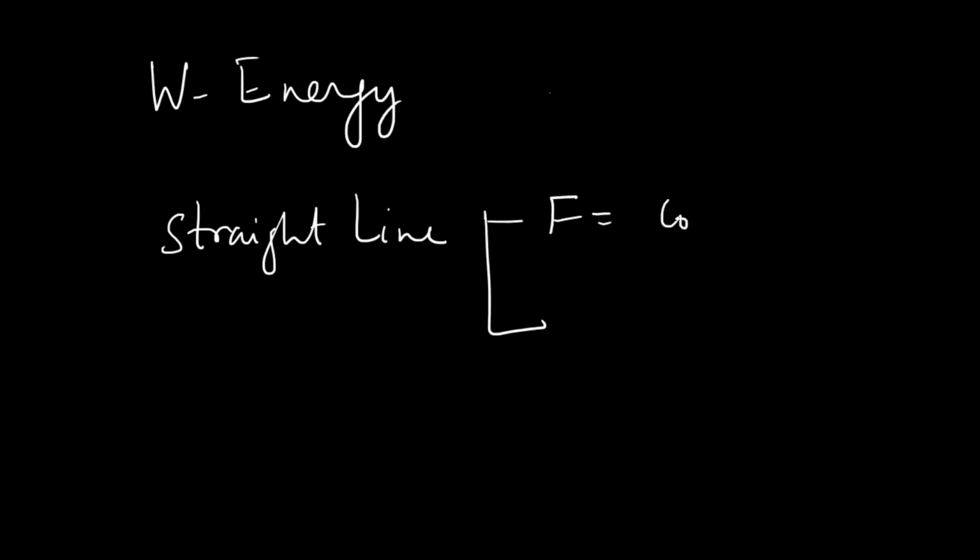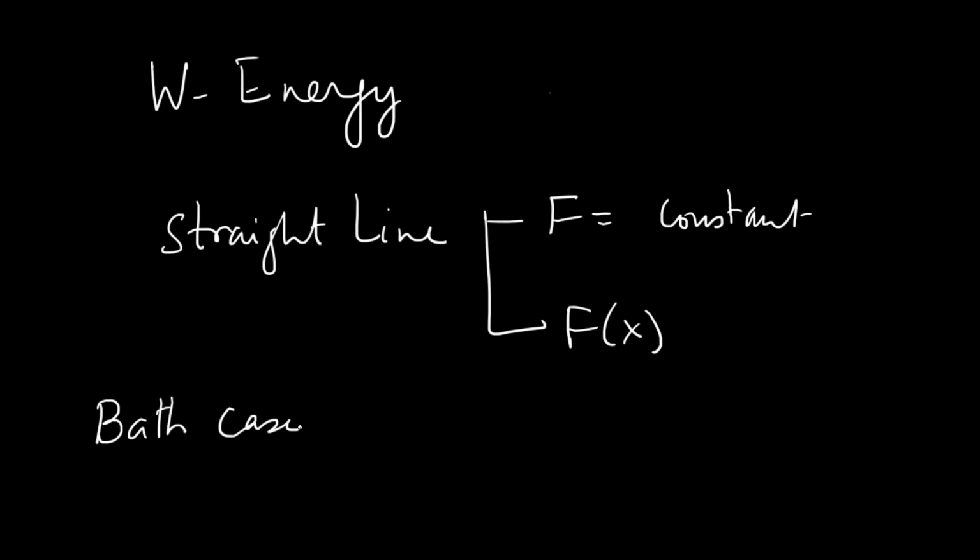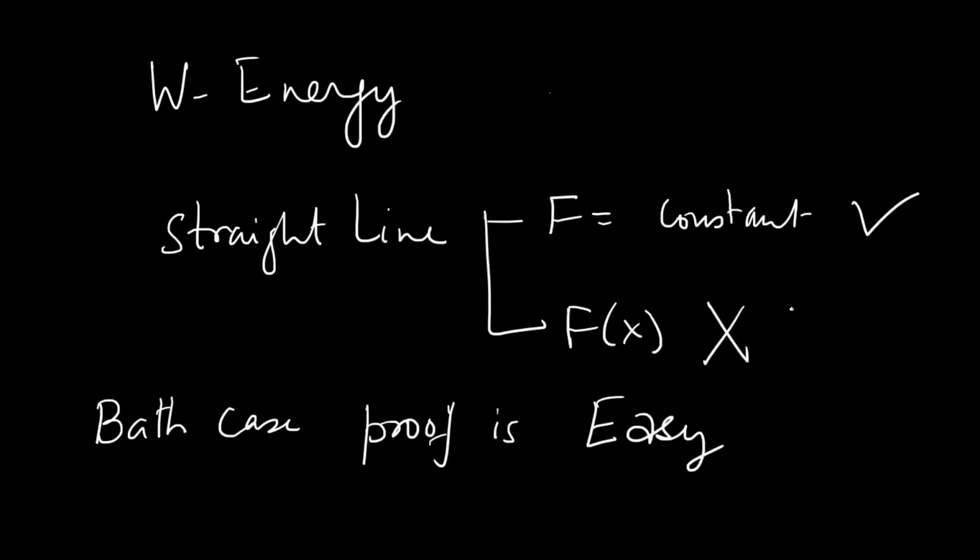Force is equal to constant, and force is a function of x, and in both cases force is along the direction of the motion. In both cases, the proof is easy, and we have done the proof for force equal to constant. We have not done the proof for a variable function, but believe me, it's easy.